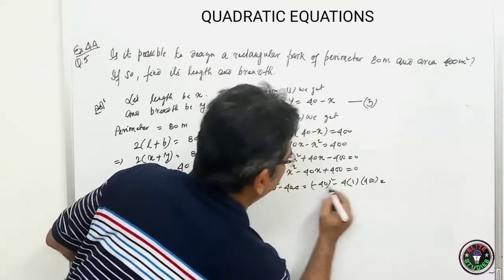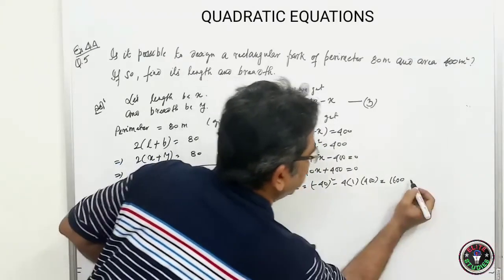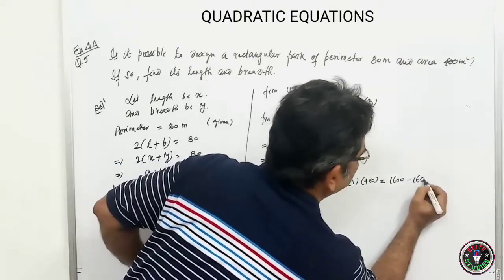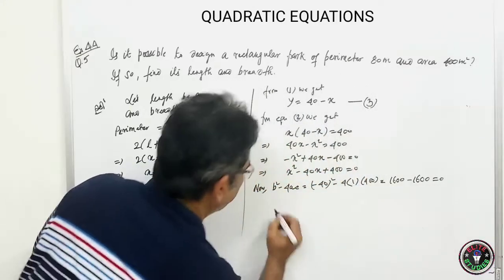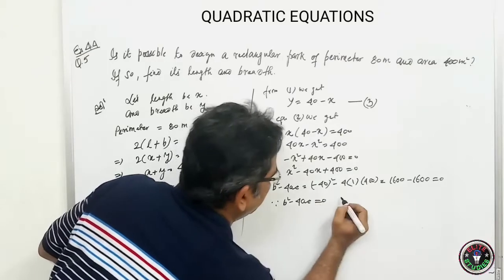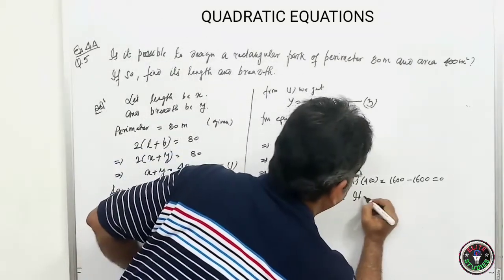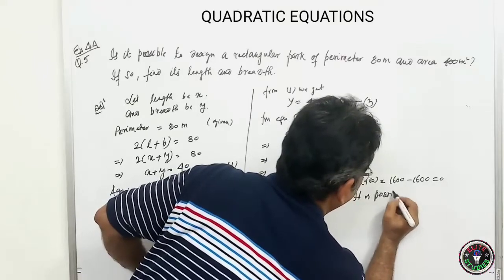So that is equal to 1600 minus 1600. You see it is equal to 0. Since b square minus 4ac is equal to 0, therefore it is possible.